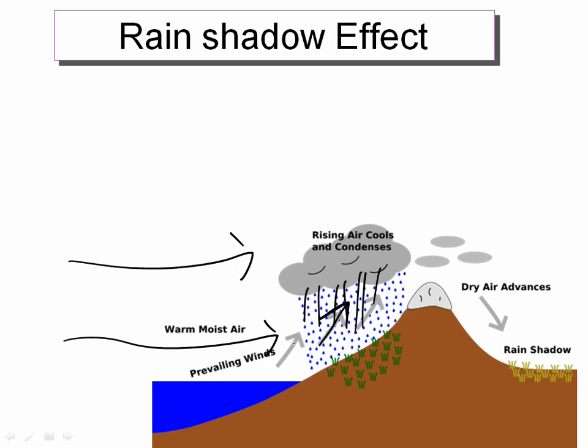So on the windward side of the mountain, you get a lot of rain and sometimes even snow. However, when the wind goes beyond the top of the mountain, it descends down, it's now dry, and heats up again. That hot, dry air is a rain shadow, and that's a great place for a desert.